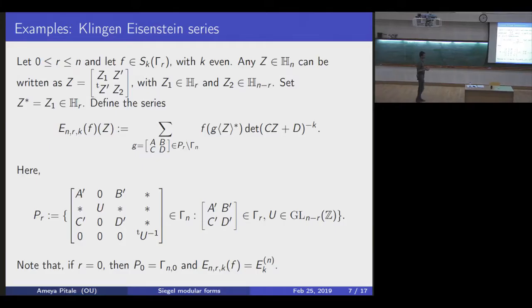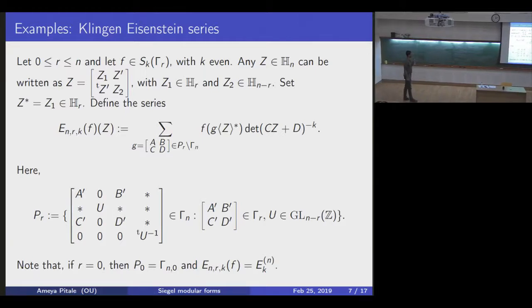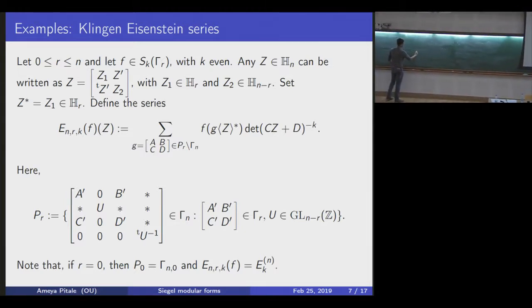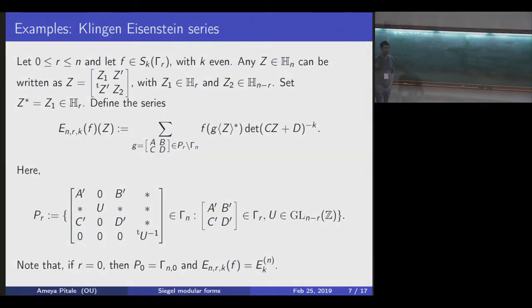So far we have not seen any Cusp forms, and I want to show you one way to get a Cusp form. Unfortunately, no delta function here. And I want to look at n equals 2.